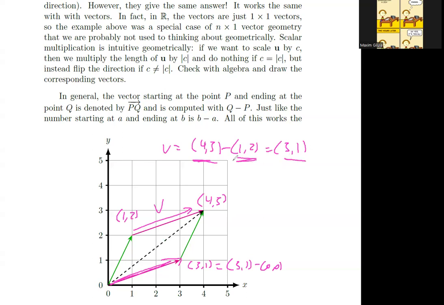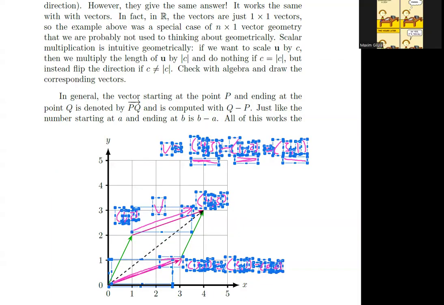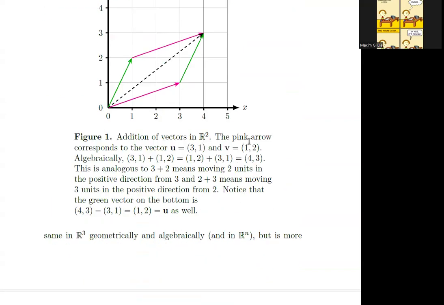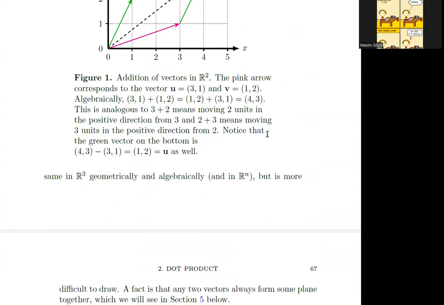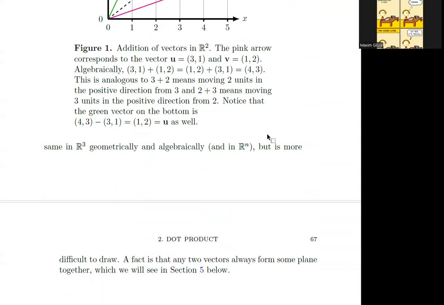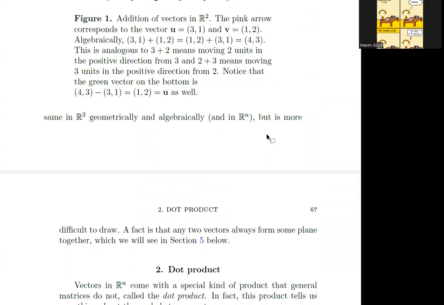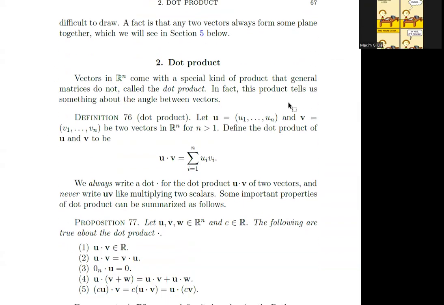And we'll see later that a vector is completely determined by two things, its direction, which we'll define, and its magnitude, which is like a length, which we will also define. So take a look. And the same thing works in R3 or in Rn, but just more difficult to draw. We'll see that any two vectors form some plane together, well, any two not parallel vectors, and we'll see that in section 5.